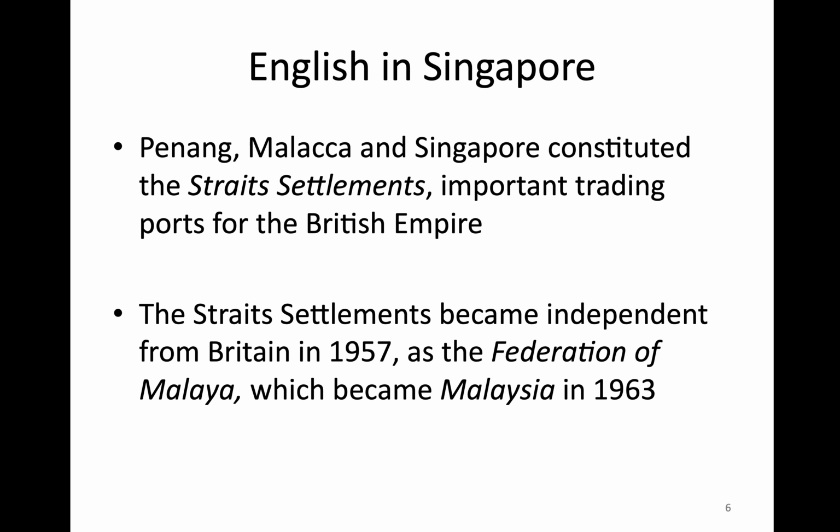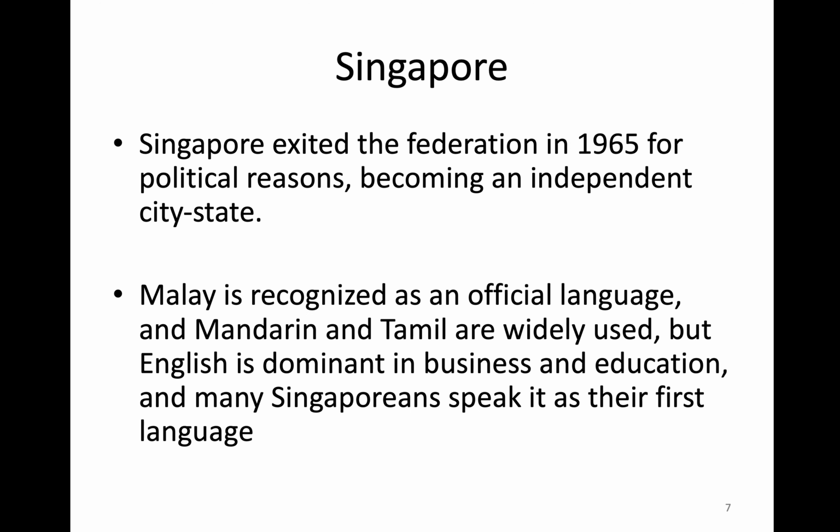Now, the Straits Settlements became independent of Britain in 1957, and at the time it was called the Federation of Malaya, and that was renamed Malaysia in 1963. Singapore left the Federation in 1965 for political reasons and became an independent city-state, which it remains.